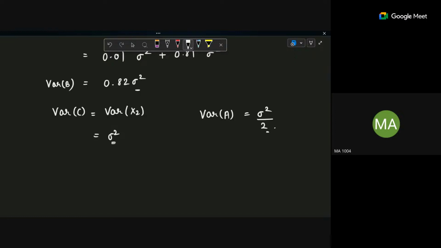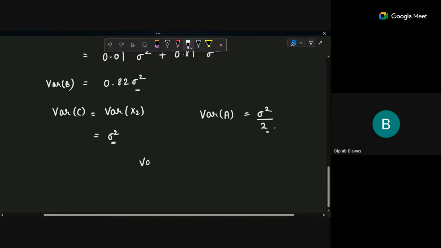Anyone? C is the highest. Okay, so first it will be B, then A, then C. B less than A, less than C. Are you sure?